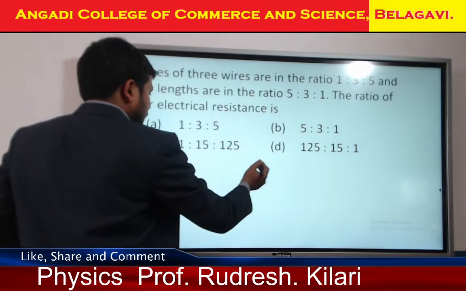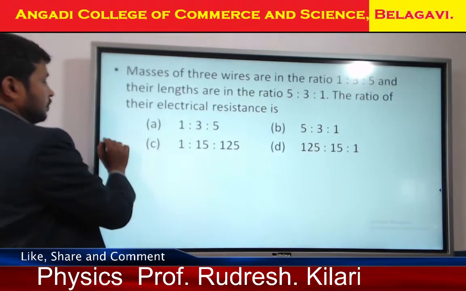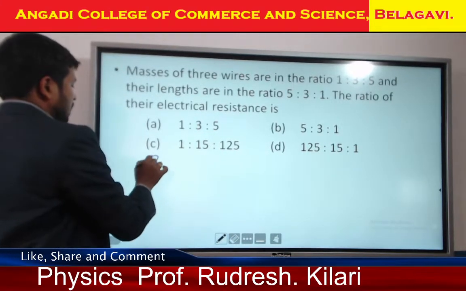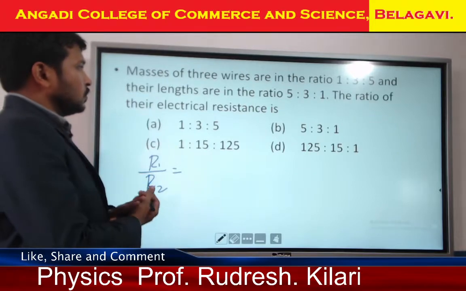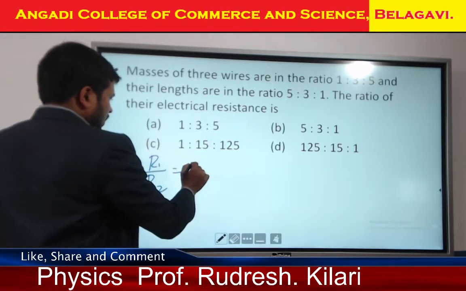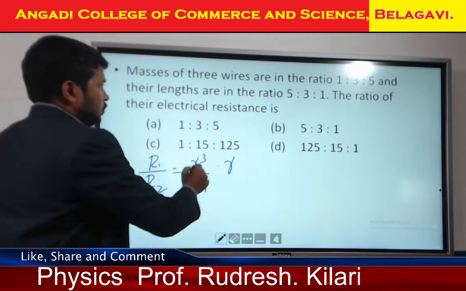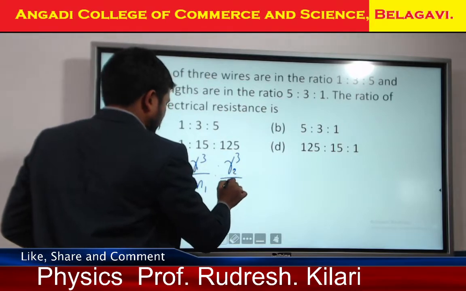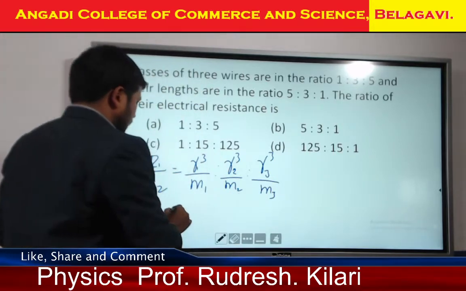Now to simplify, I will establish R1 is to R2 equals, in terms of mass, L1 cube divided by M1 is to L2 cube divided by M2, and so on for L3 cube divided by M3.